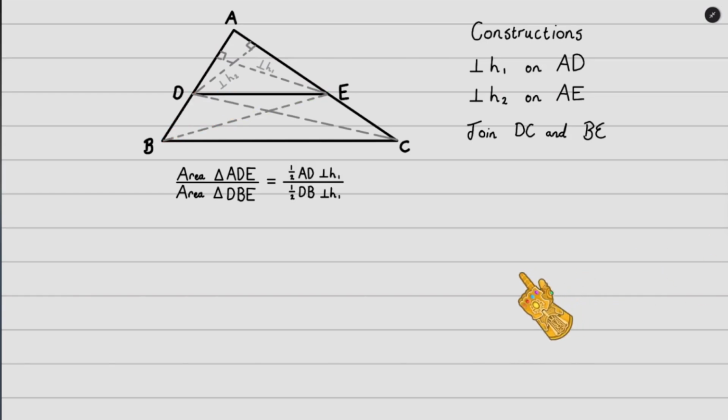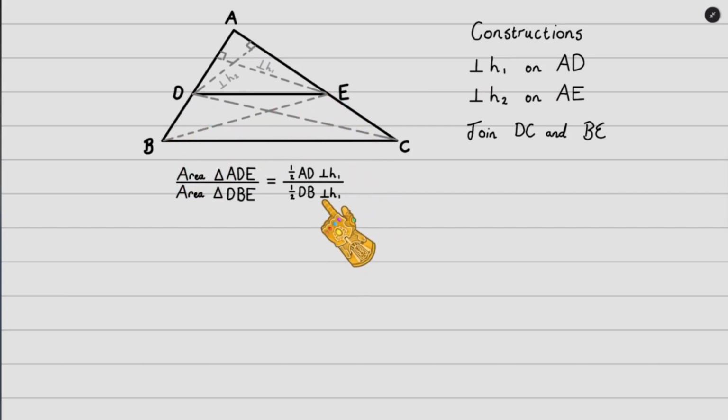And now we're just using our standard half base times perpendicular height. So for triangle ADE, AD forms our base and our perpendicular height is perpendicular height 1. And then for triangle DBE, DB is our base and the height of the triangle sits outside of it. This is the perpendicular height for triangle DBE.